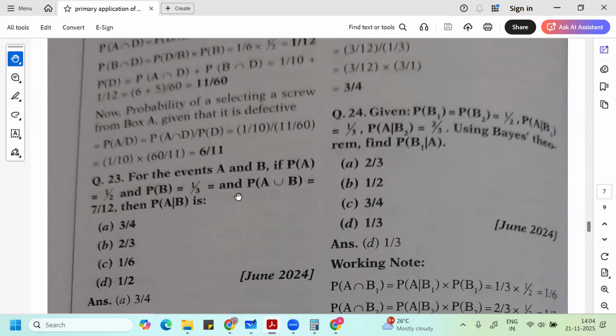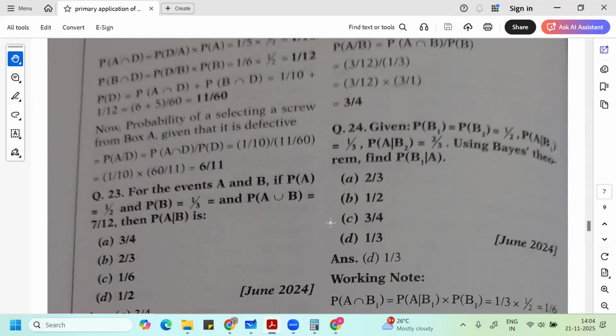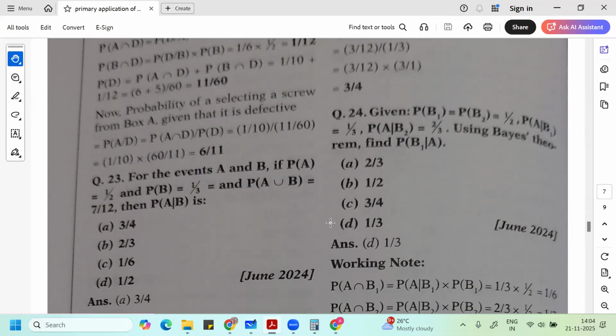Question number 24. Again, Bayes theorem question. Choosing box 1 or box 2 is 1 by 2.